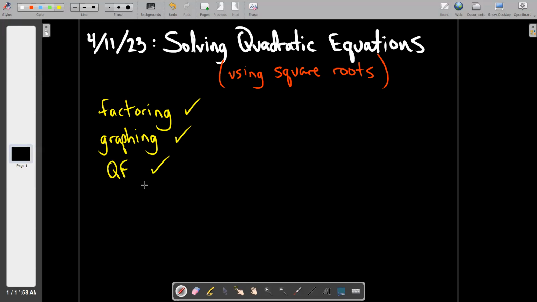So all 3 of these I'm check marking because they're in the books. We've done it. We know how to do it. And then the other 2 methods are, again, today, square roots. And then either tomorrow or Friday, kind of depends how the week goes. The last one will be completing the square.